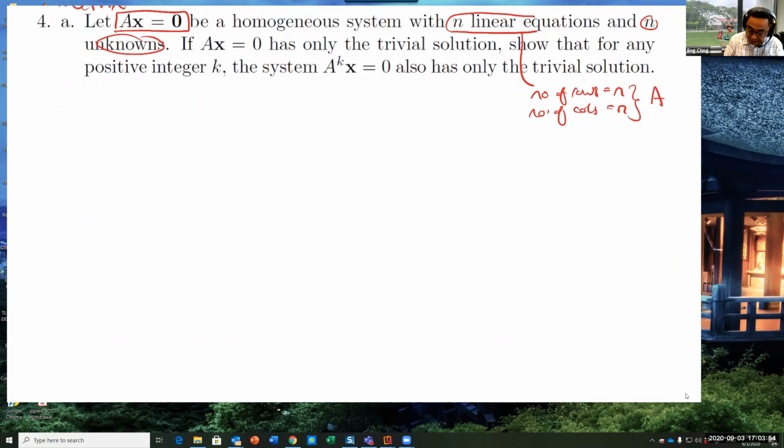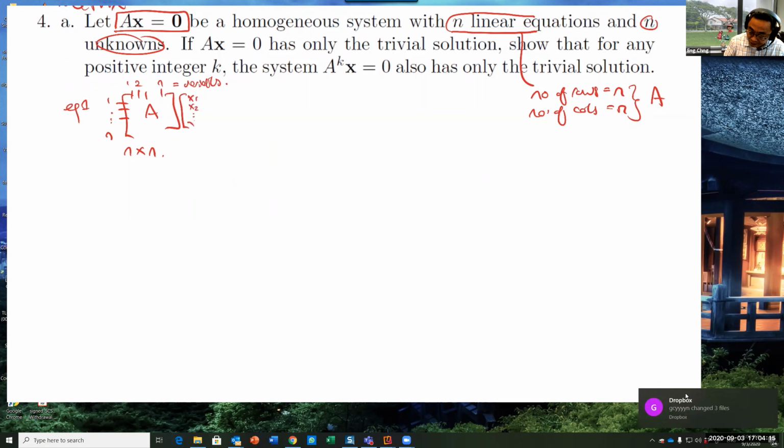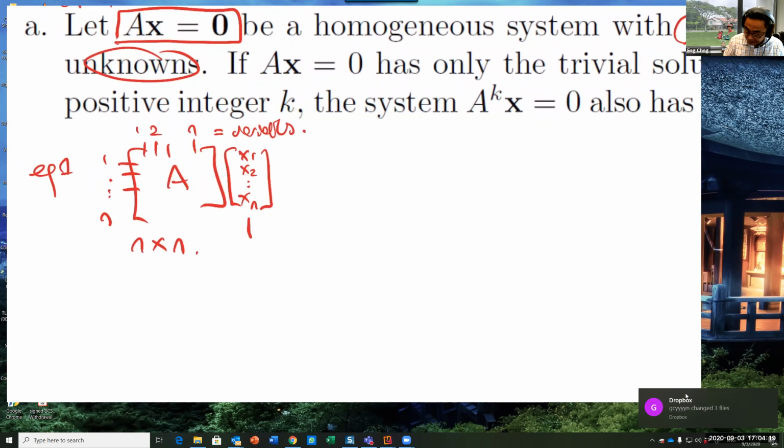So A is a square matrix of n by n, where these are the equations 1 to n, and the columns 1, 2 up to n are the variables. Where is x? X is here. Let's call it x1, x2, up to xn, because this is the x vector.